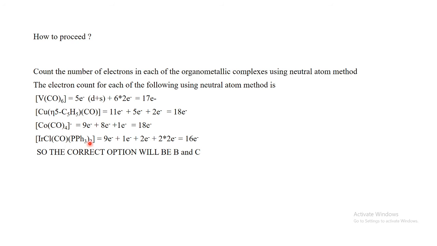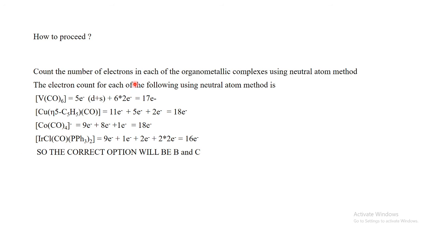Then we have 2 triphenylphosphine ligands, and each donates 2 electrons, so 2 into 2 is 4 electrons. The overall electron count will be 9 plus 1 is 10, plus 2 is 12, and 12 plus 4 is 16 electrons.